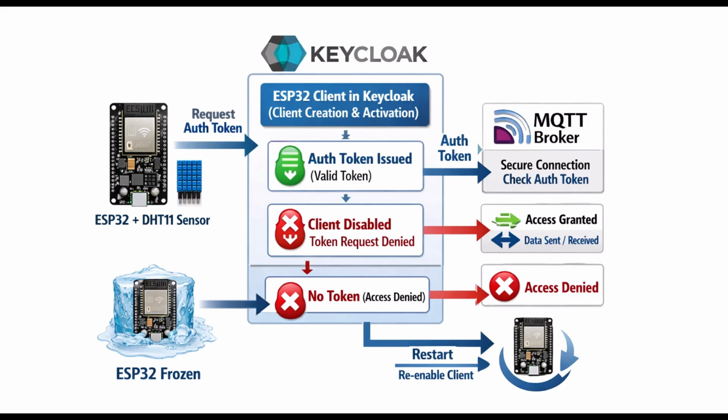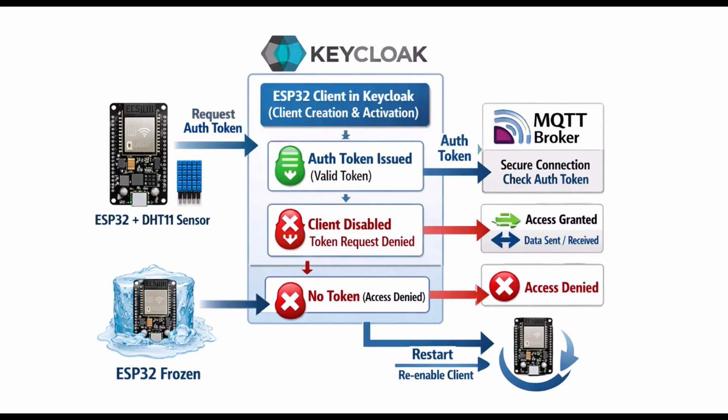Now I prepared one slide here to explain how we are going to do the demonstration, and after that I will jump into details to explain how we can create the Keycloak client and connect it to ESP32 and MQTT.